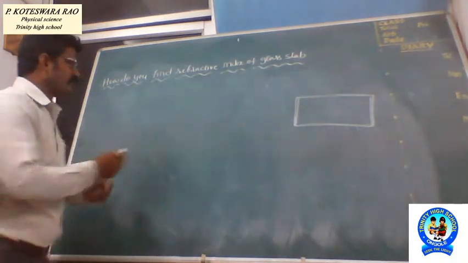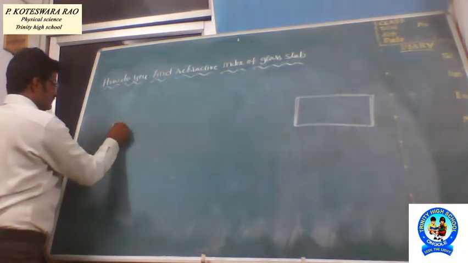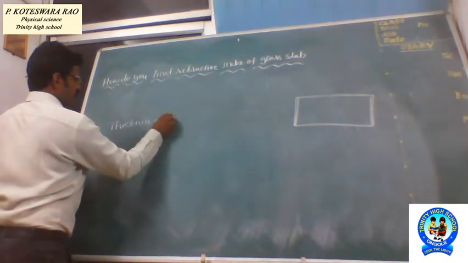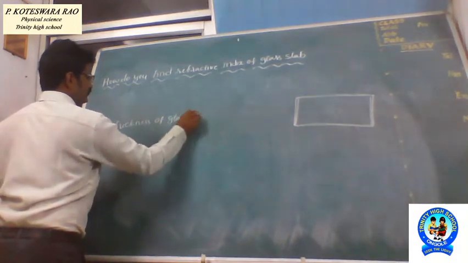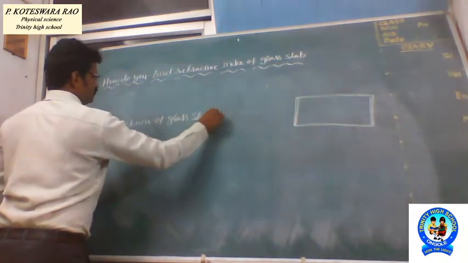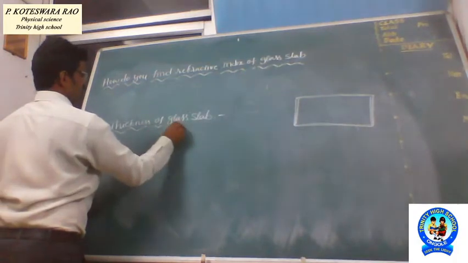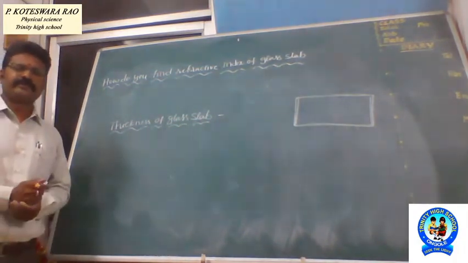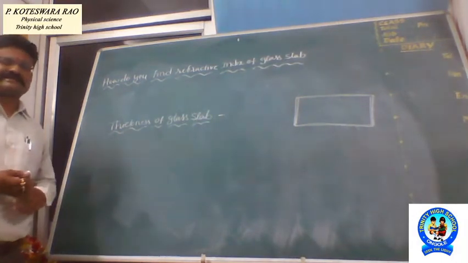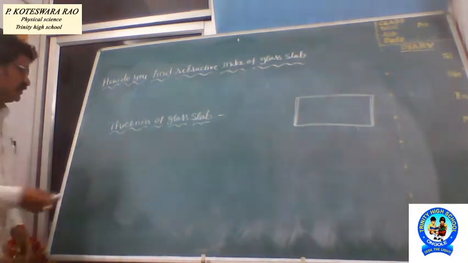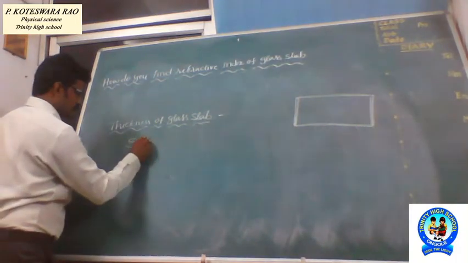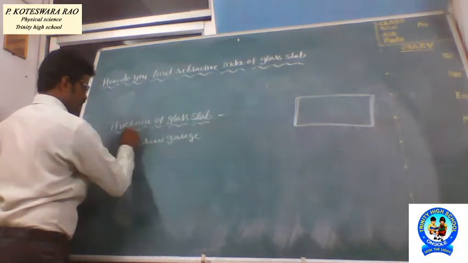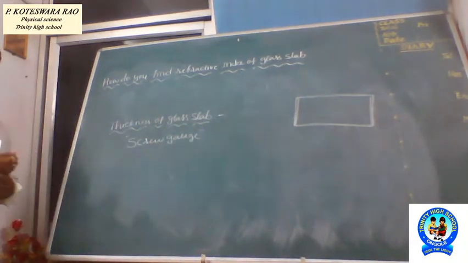How is it possible to find the thickness? We have to find the thickness of the glass slab with the help of a screw gauge.